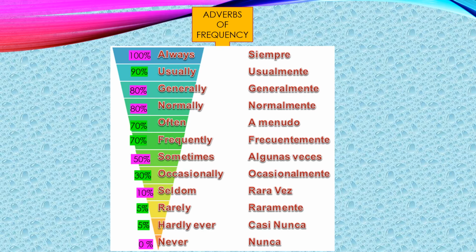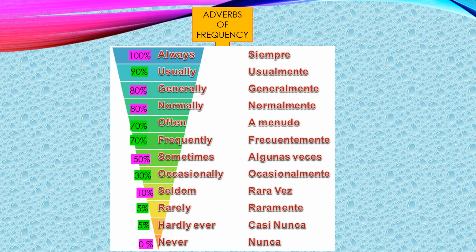When you develop something and you use the word generally, it's because you are telling us that you do it 80%. When you are talking about something and you use the adverb usually, it's because you develop this activity 90%.